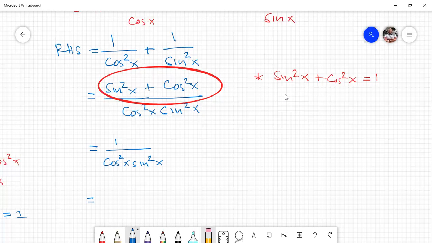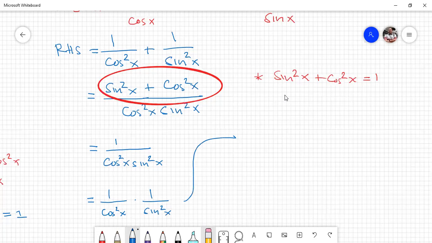After this, what will you do? You have this expression now. We can split this, because this is a multiplication: 1 over cosine square x times 1 over sine square x.